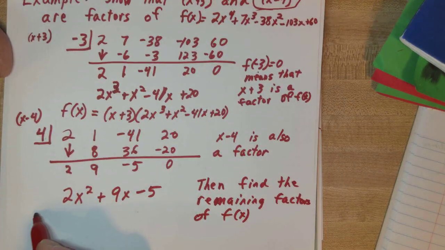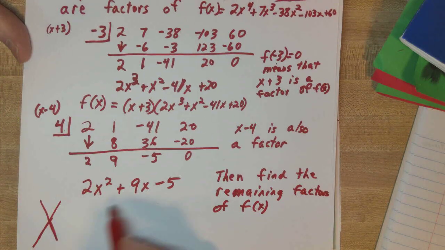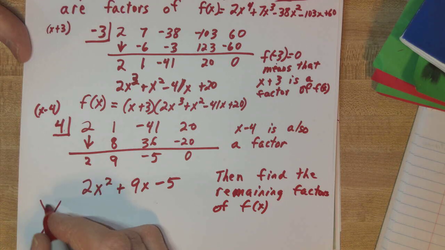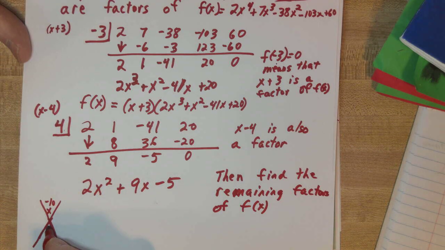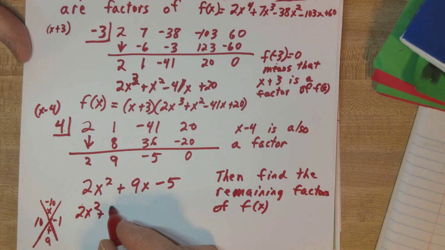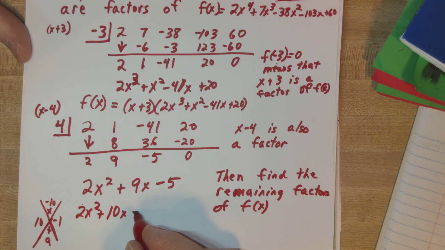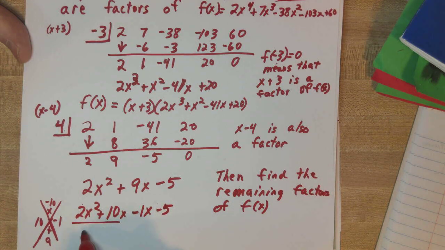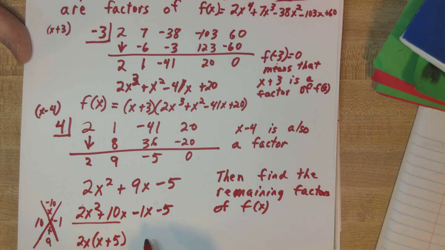In other words, I want to factor 2x squared plus 9x minus 5. I need two numbers that will multiply to negative 10 and add to 9. Let's see, 10 and 1. Let's make that negative. So I got 2x squared, I'm just factoring right now, plus 10x minus 1x minus 5. And the GCF of those two is 2x. I'll go x plus 5 when I factor 2x squared plus 10x.